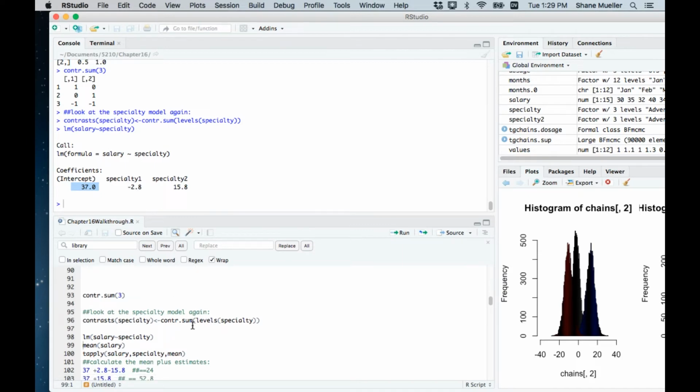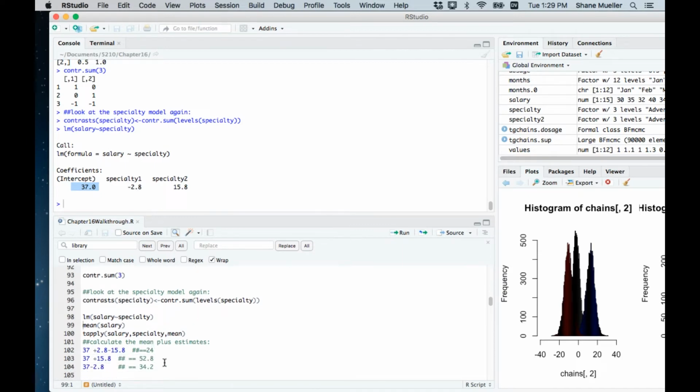The negative 2.8 means that specialty 1, which was advertising, is 2.8 less than this. So if you want advertising's value of 34.2, you subtract 2.8 from this. And if you want business's value of 52.8, you add 15.8 to this.